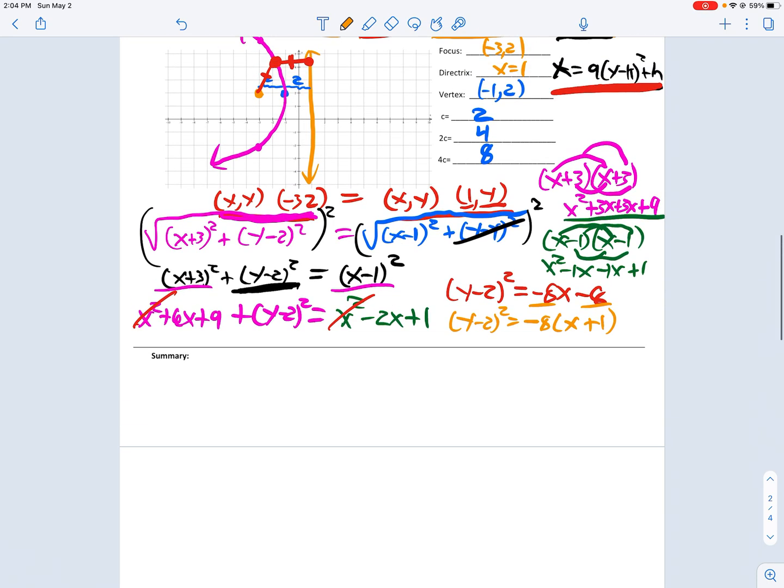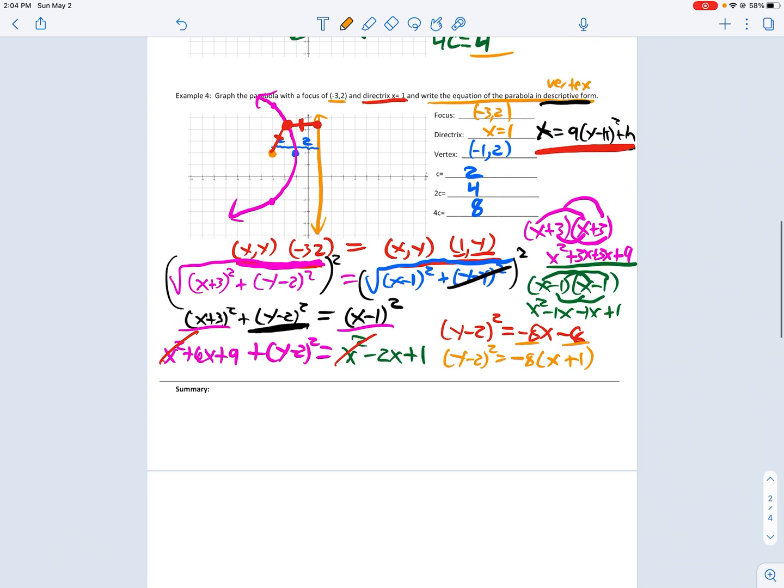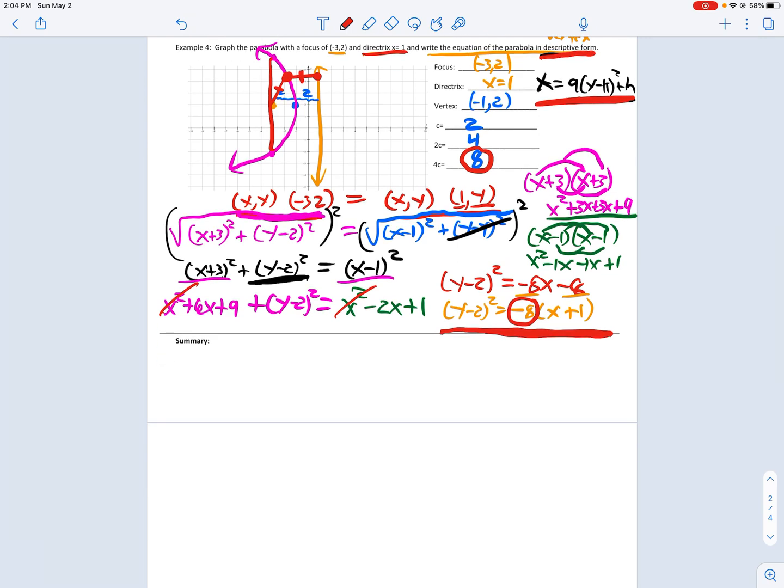And, okay, so, well, that's nice. What we just ended up doing was now this is in focal width form. It does say descriptive form, so we got a little bit further, but we just got it into focal width form. Here's your 4C. That's 8 units. Oh, look at that, our 4C. Oh, look at that, 8. So we're good there. So we would divide by negative 8.